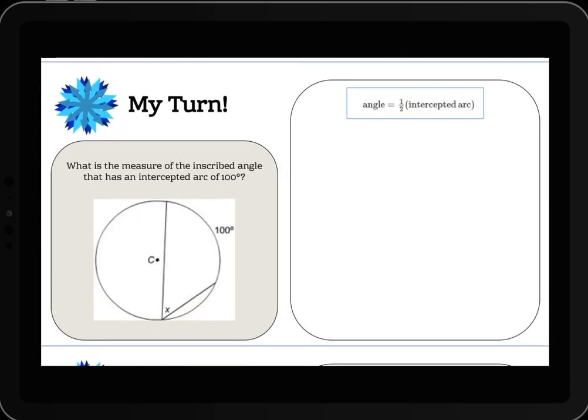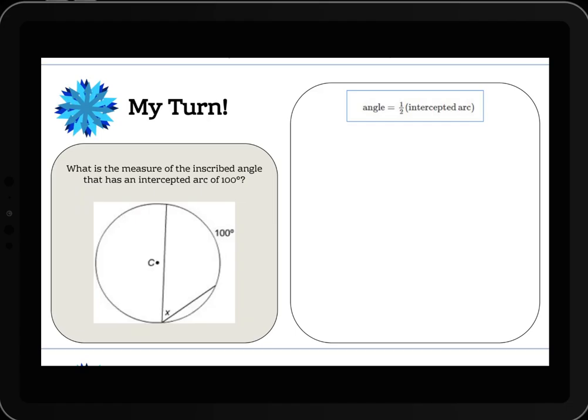So let's take a look at an example. We're going to calculate the inscribed angle x, and we know that it's equal to half of the intercepted arc. Identifying that this is the inscribed angle x, and this is the intercepted arc of 100 degrees, we're looking for the inscribed angle, and we are given the intercepted arc.